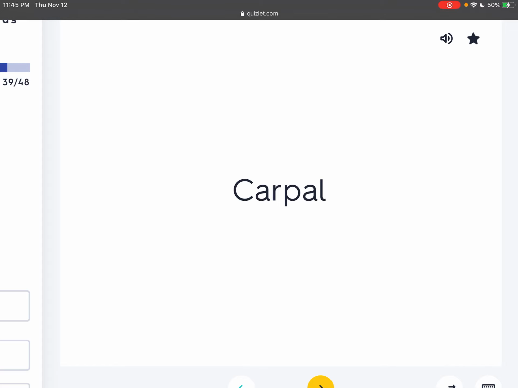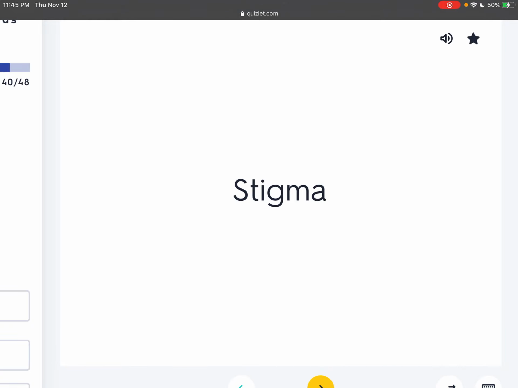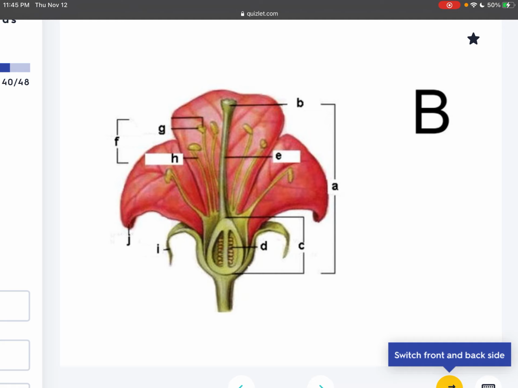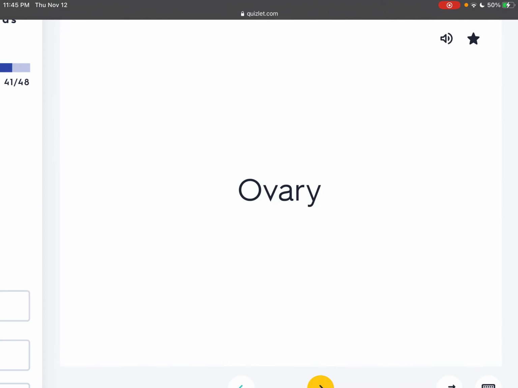Let's find carpel now. It's time for the quiz. The part for carpel is tagged with A. Now let's find stigma. The answer is B. Now let's find the ovary in the flower model.